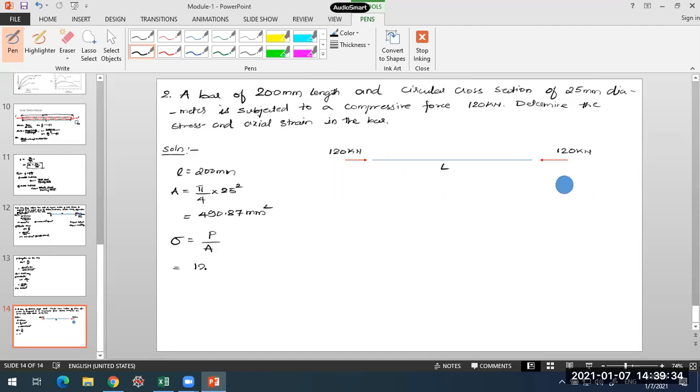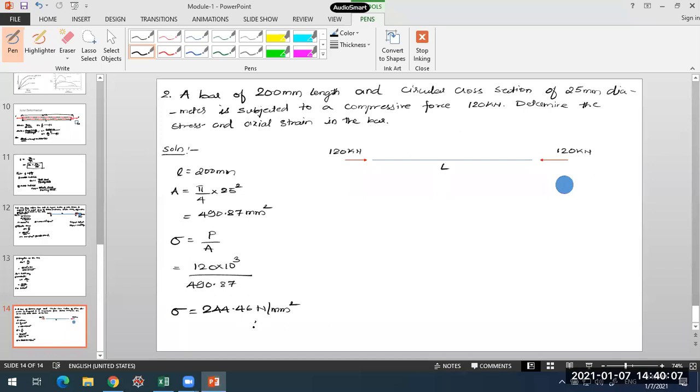So P is 120 into 10 raised to 3 divided by the cross-sectional area 490.87. So what you get, sigma as 120 into 10 to the power 3 divided by 490.87, which is 244.46 Newton per mm square.